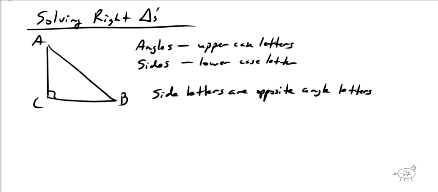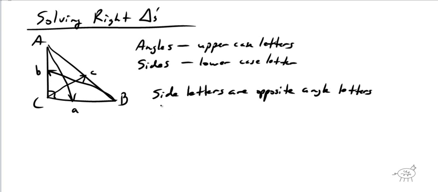So angle C goes with little c, angle B, opposite, is little b, and angle A is little a. Just remember that: opposite, the letters are always corresponding. Opposite angle C, little c; opposite angle A, little a; opposite angle B, little b. Okay? Pretty easy.